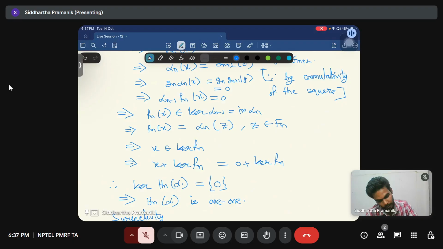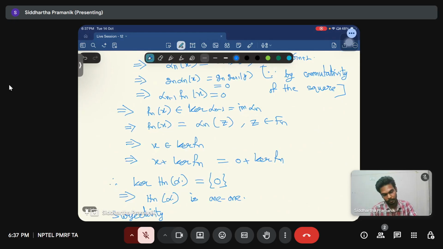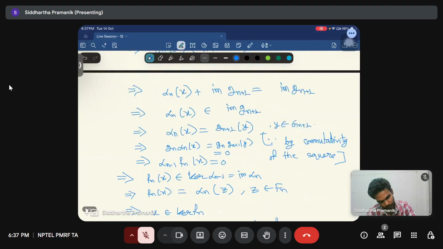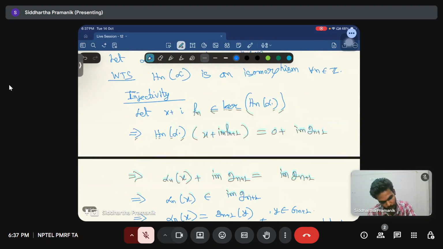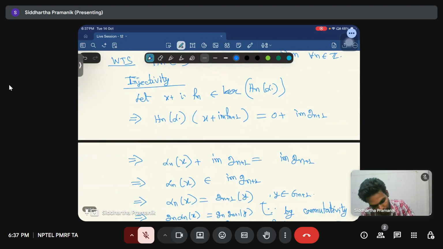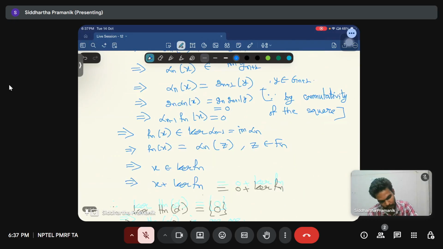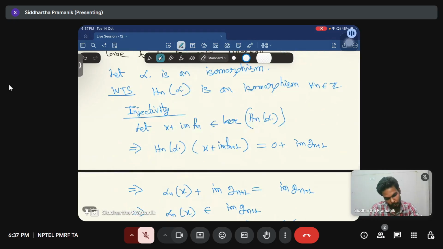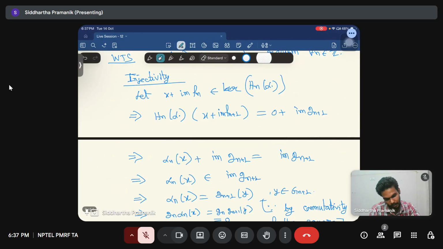Okay, image of alpha_n. Yeah, so what we want to prove is that x plus image f_n is 0, so x belongs to image f_n.